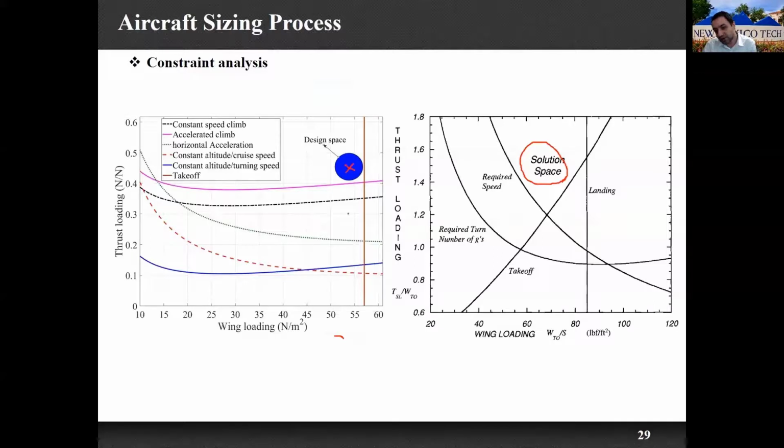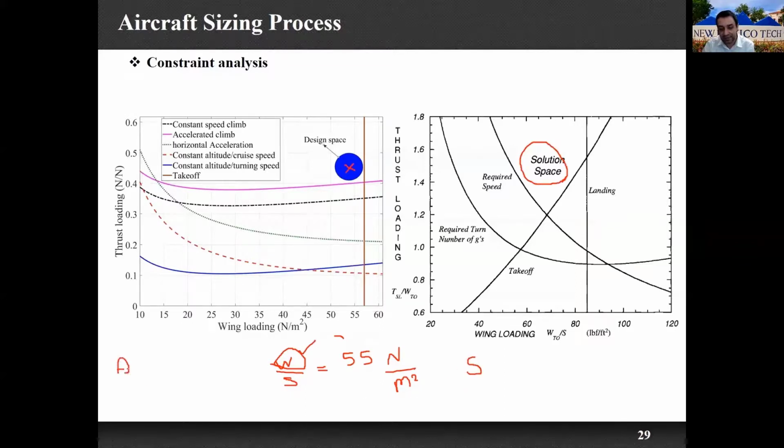What I'm getting from here, for example, is my wing loading, W over S, equal to 55 Newton per meter squared. In the next step, which I'll teach in the next lecture, if I estimate the weight of my airplane, then with this value and the weight, I can easily find the surface area of my wing.